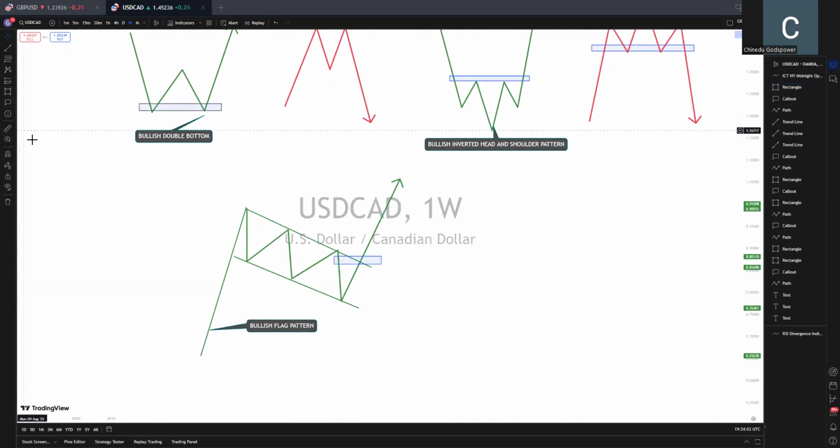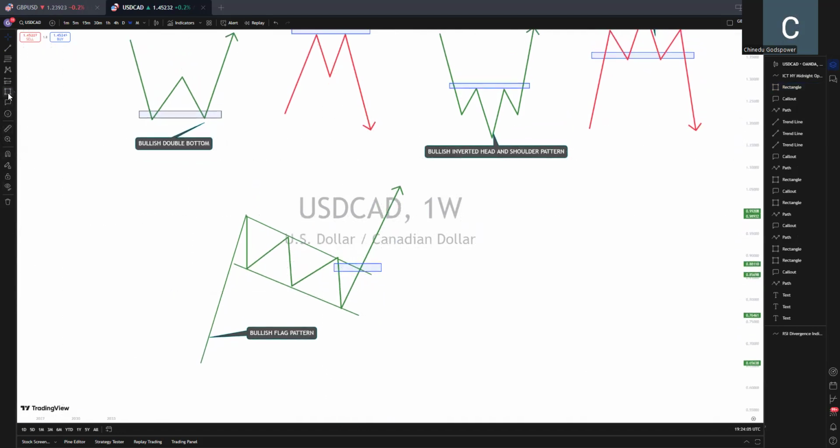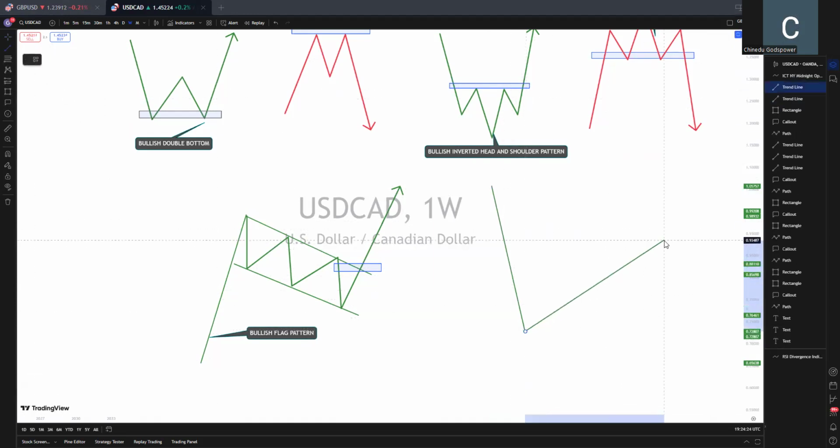And we have the bearish flag pattern. Sorry, guys. You have the price leg like this, giving you legs. Go.